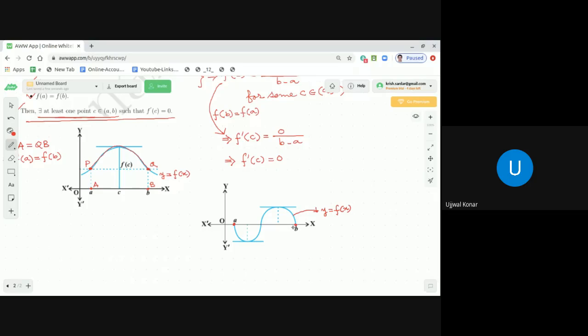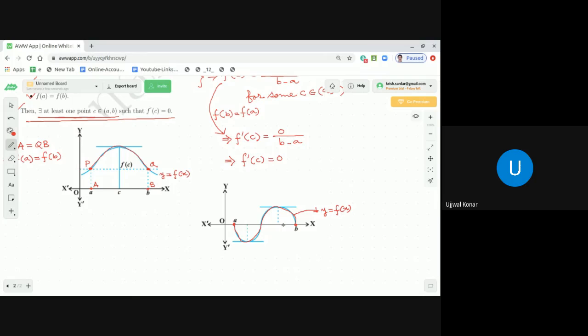Now, before that, there are two more conditions to be satisfied. The function fx has to be continuous in the closed interval a comma b, which is very true, because from the point a to b, if you draw the graph of that function, you need not lift your pen. That proves that the function is continuous in the closed interval a comma b.